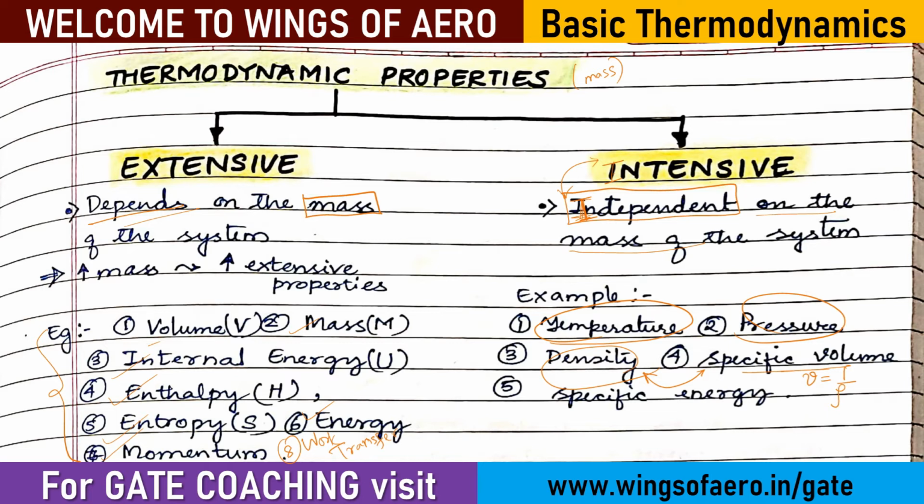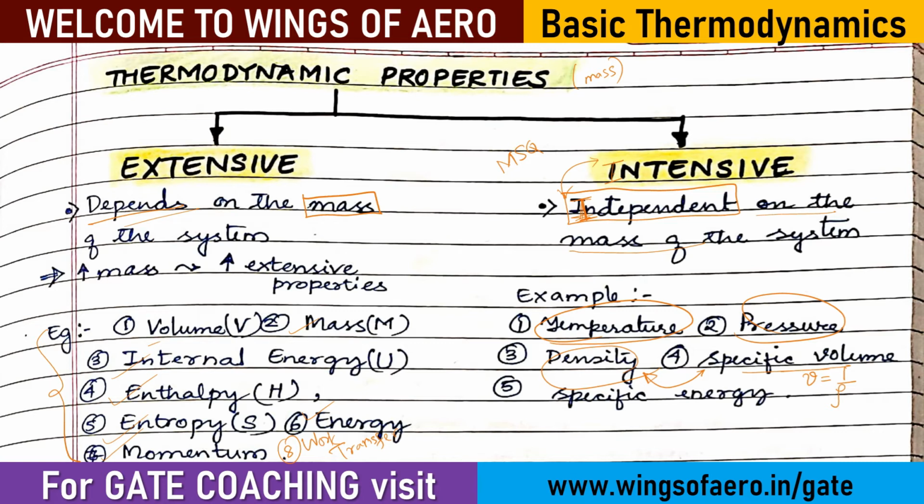Okay. So you can directly connect that. So there is a high scope of asking a multiple selection question. They can ask, choose which of the properties are extensive or intensive, something like that. So there will be a random question, options will be given to you, and from that you need to choose the suitable one.